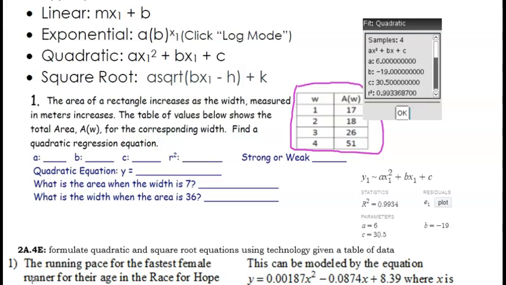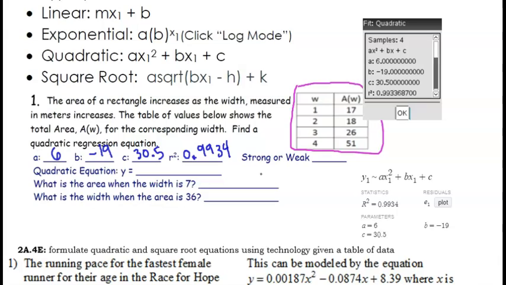Now notice these values are slightly different for the determination coefficient. It's just they rounded in different areas. So for A we can put 6, B -19, C 30.5, and then R squared, the determination coefficient, 0.9934.